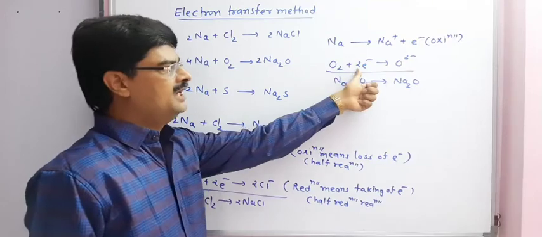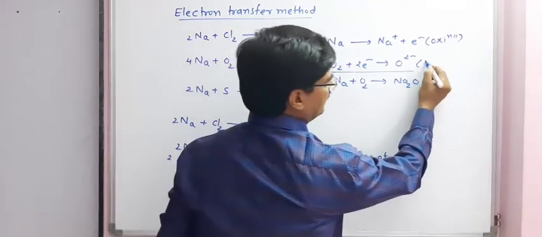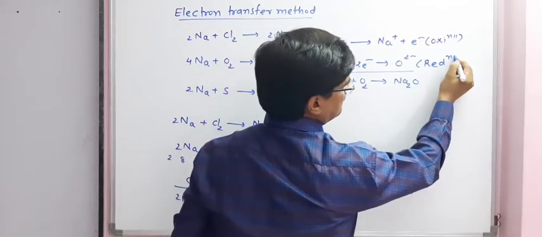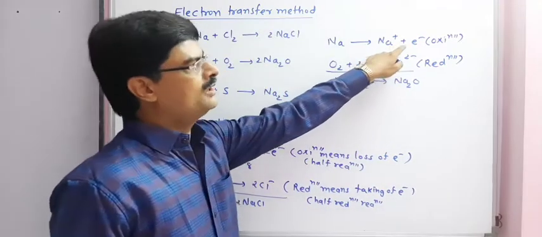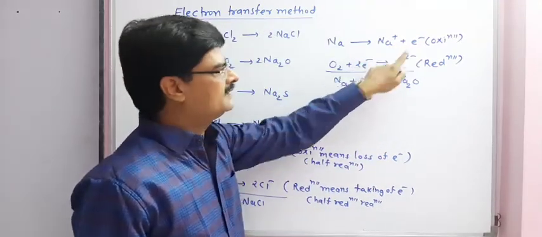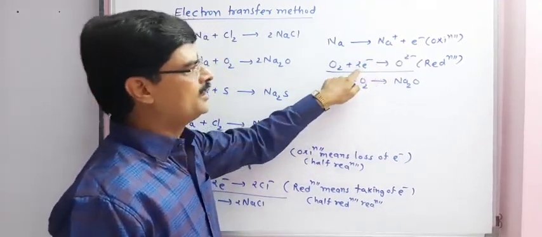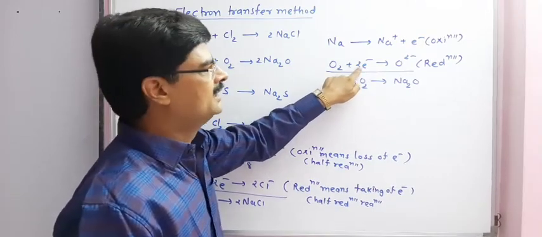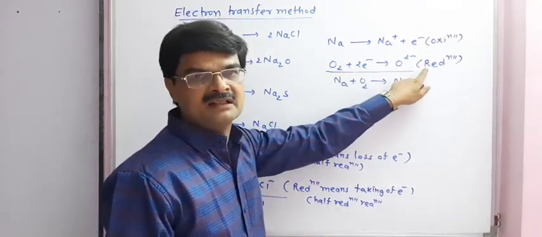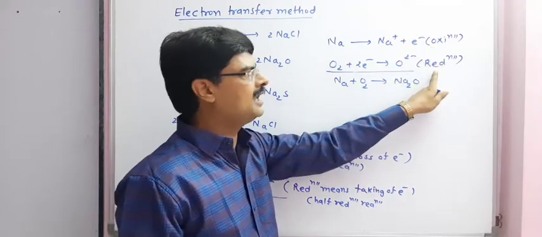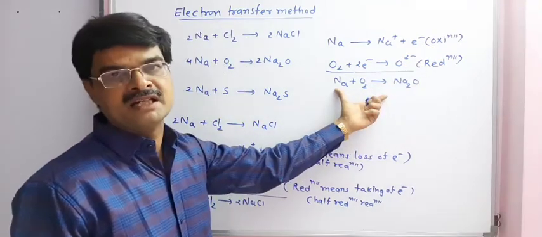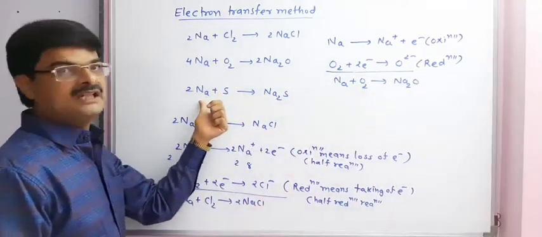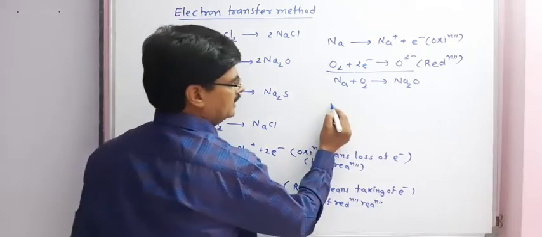O2 will give O2 minus, that is a reduction reaction. Electron is lost in the first case and in this case electron is gained or received, and that is why it is said to be a reduction reaction. Half reaction, half reaction. This is the complete reaction. Same way, the third can also be understood.